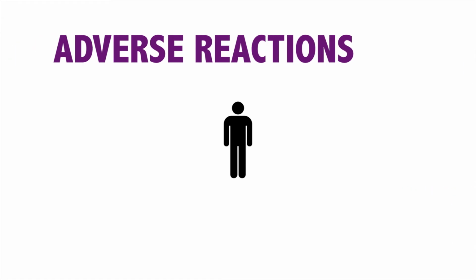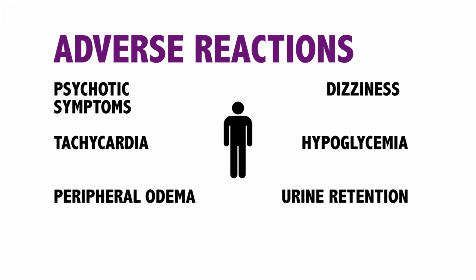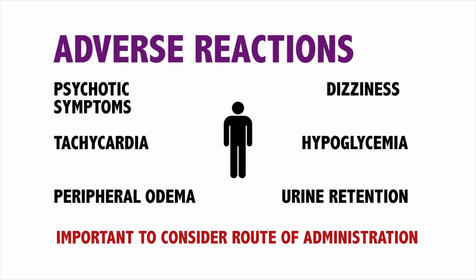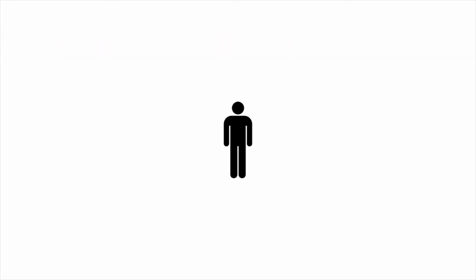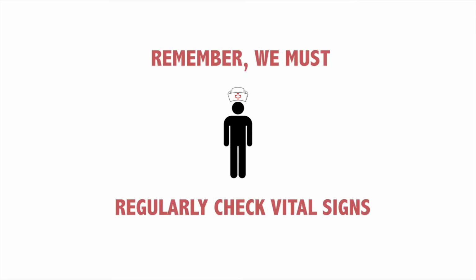Some adverse reactions are dizziness or psychotic symptoms, tachycardia, peripheral edema, hypoglycemia, urine retention. Therefore, it is very important to consider the route of administration, either orally or intramuscularly. At the end, it is very important for us as nurses to regularly assess all vital signs for any signs of high blood pressure, heart rate, and do an ECG to monitor cardiac rhythm.